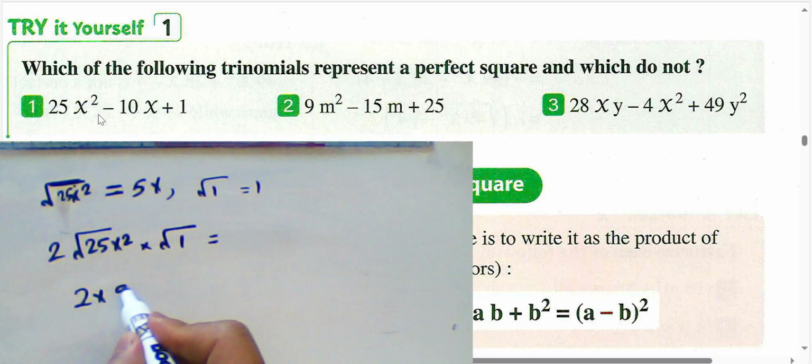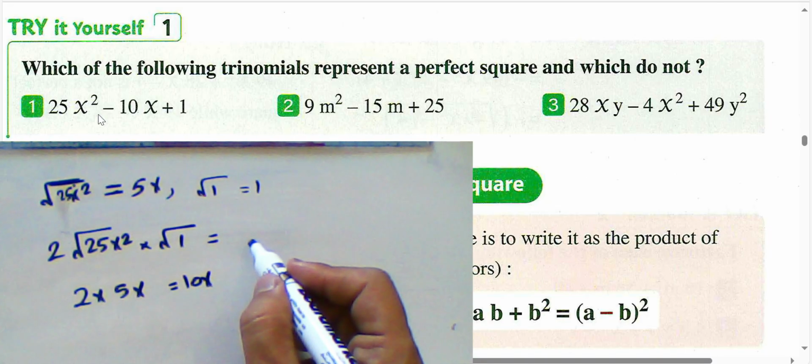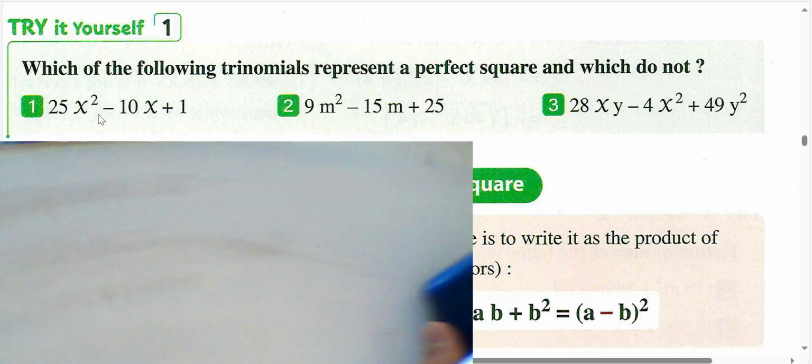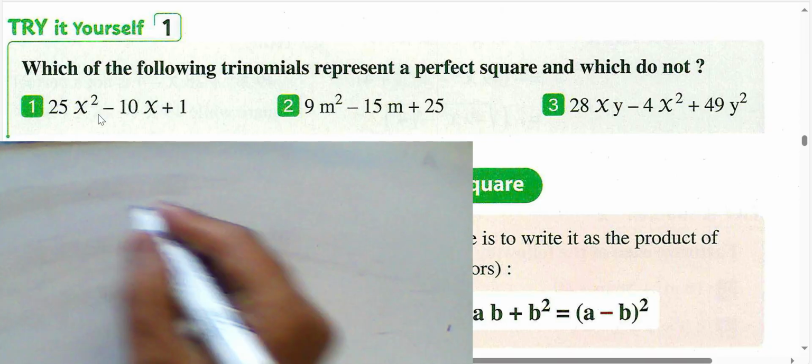Here the square root of 25x power 2 is 5x. And the square root of 1 is 1. For the middle, we take 2 times the square root of the first, 25x power 2, times the square root of the third. The result is 2 times 5x equals 10x, positive or negative, so this is a perfect square. I say yes, the first is a perfect square because the middle equals positive or negative 2 times the square root of the first times the square root of the third.